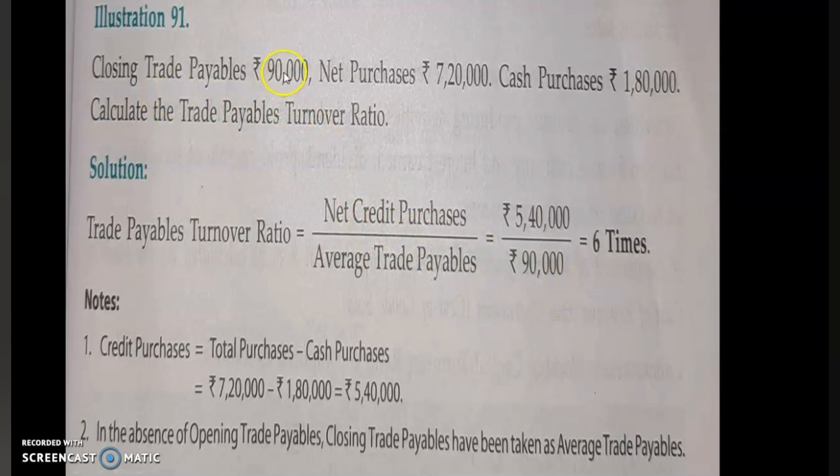Here just write down 90,000 as an amount. Don't find the average. Don't divide it by 2. So just simply write down 90,000 and divide it by the net credit purchase. You will get the answer as 6 times. So this is how trade payables turnover ratio problems have to be done.